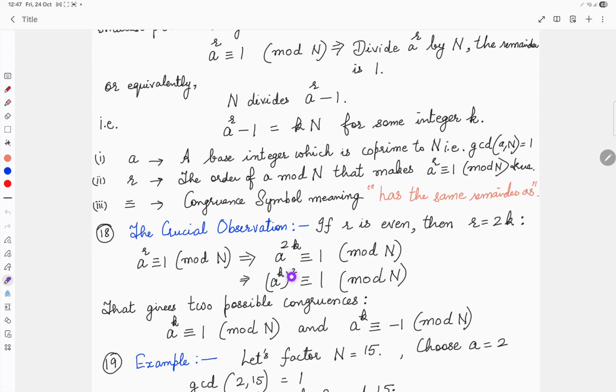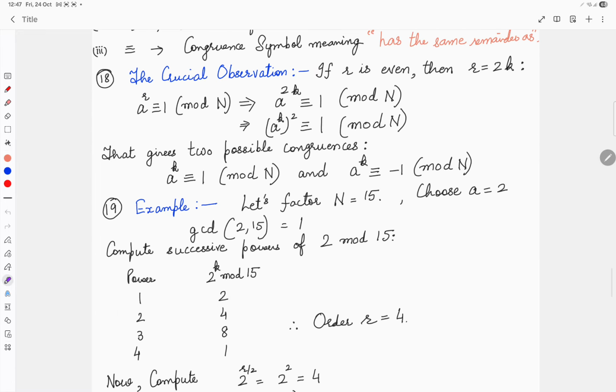Then I can take the 2 outside from the exponent, and that gives 2 possibilities, because this is the square of a, so it will come out to be plus minus. Once I take this square off from here, it will come out to be a to the power k is congruent to 1, or a to the power k is congruent to minus 1. So 2 possible consequences will appear, right?